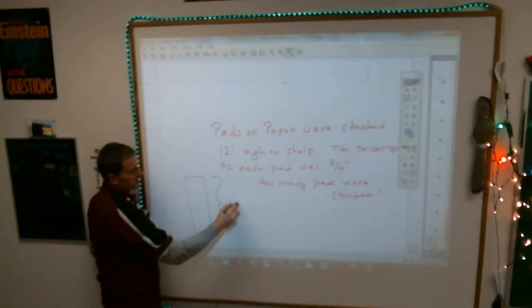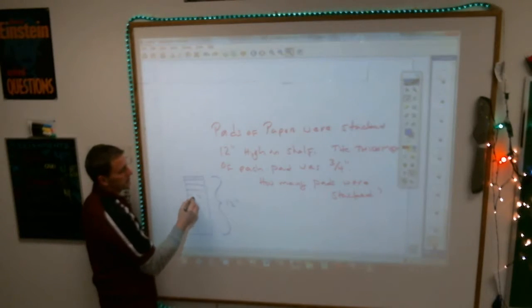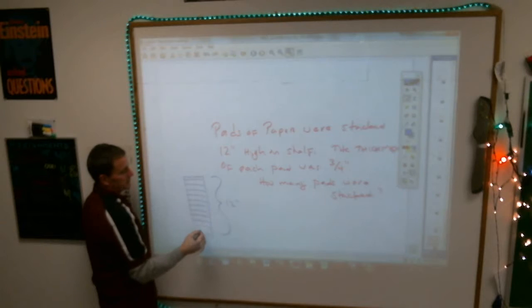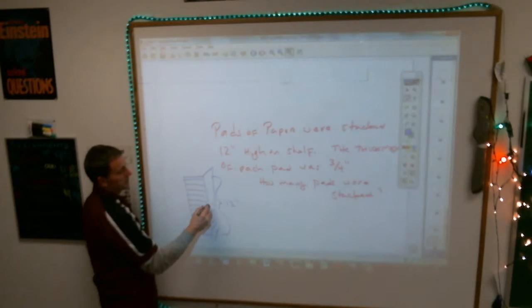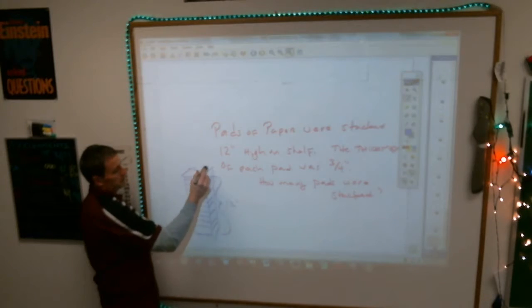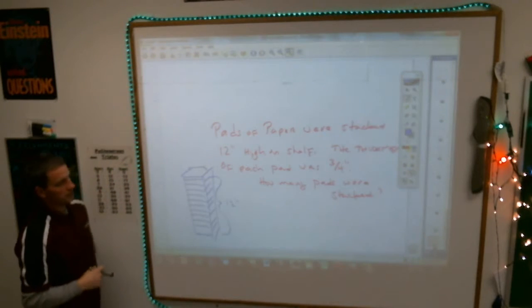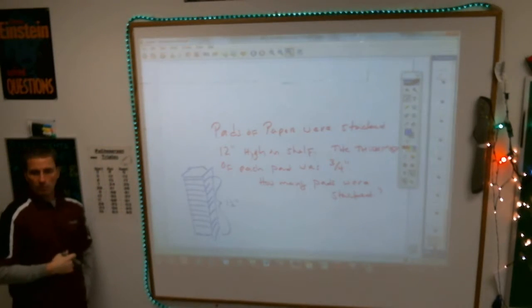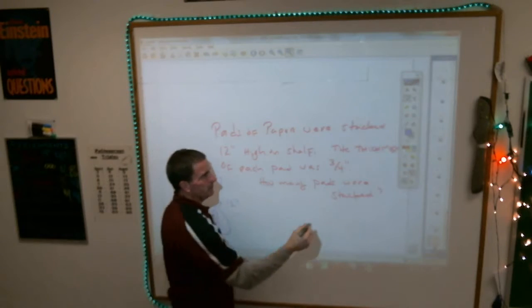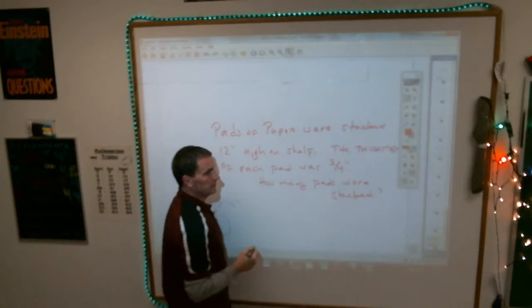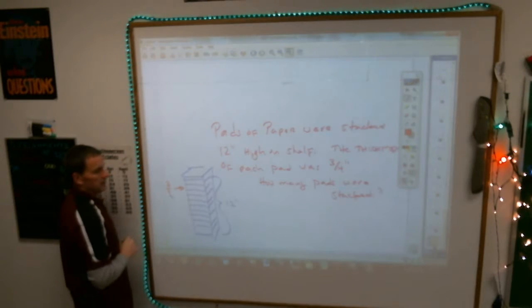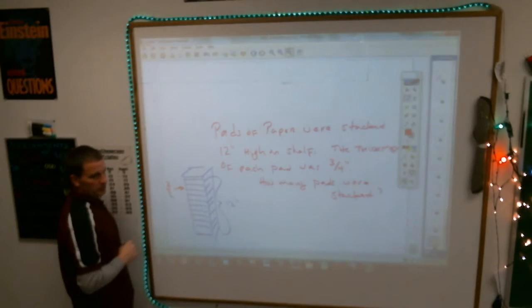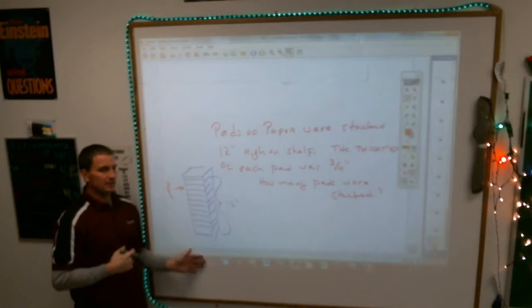This is 12 inches high. You don't know how many there are, right? Here's my stack of papers. If you want to go 3D on me, you can do that. Okay, they're all stacked 12 inches high. How thick is each pad? Each pad is 3/4 of an inch. Okay? So the question is, how many of those would it take to make that?